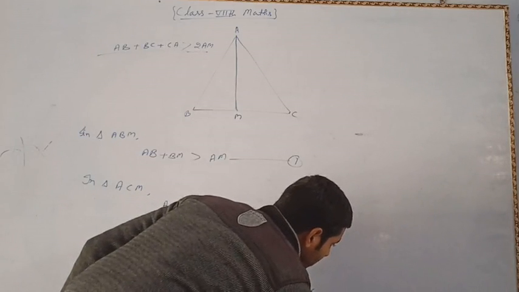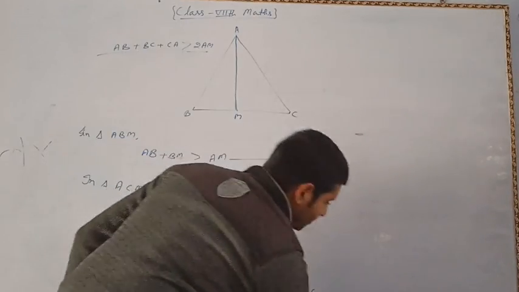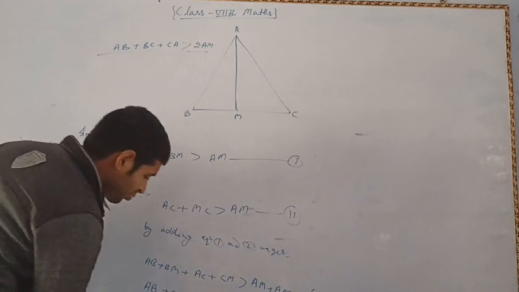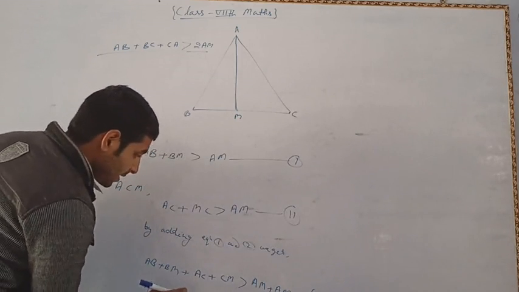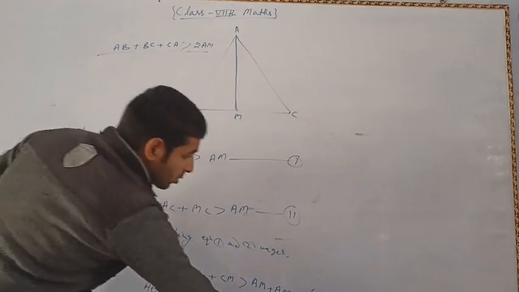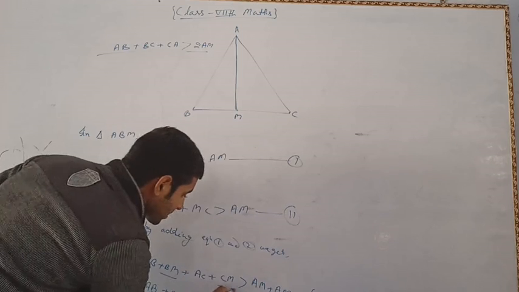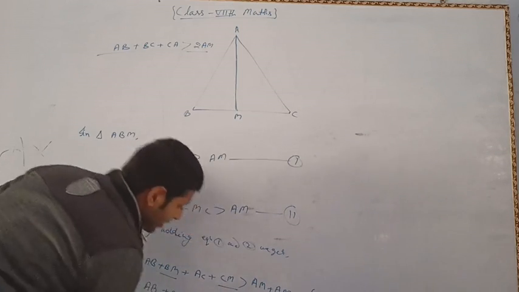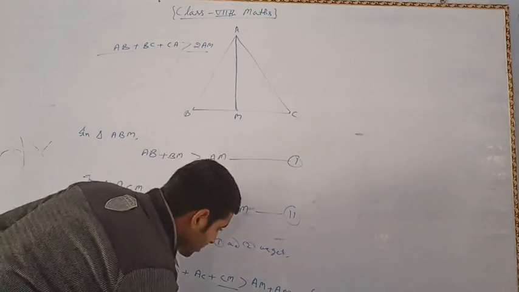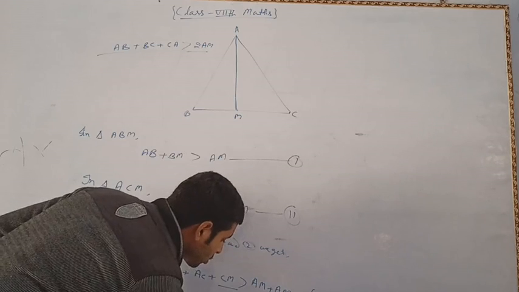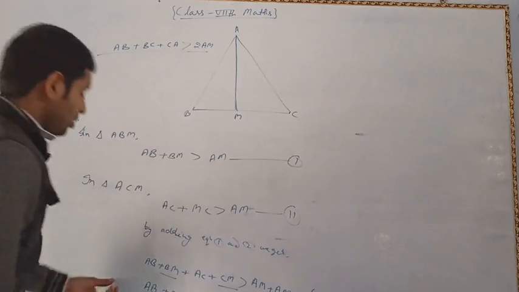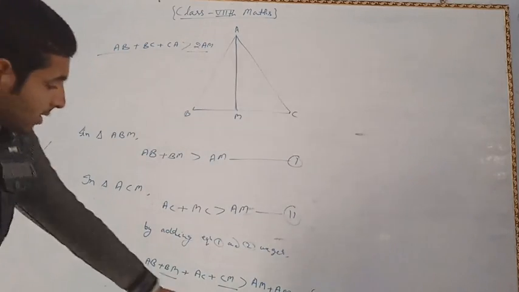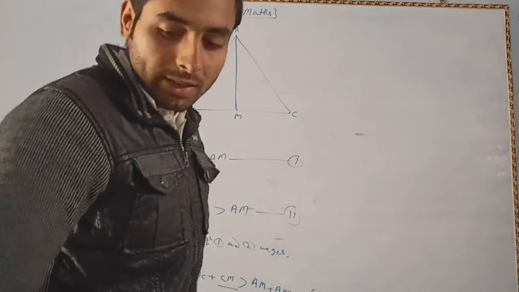So AB plus BC plus AC is greater than AM plus AM, which is equal to 2AM. What we had to prove: AB plus BC plus AC is greater than 2AM. So this is our solution.